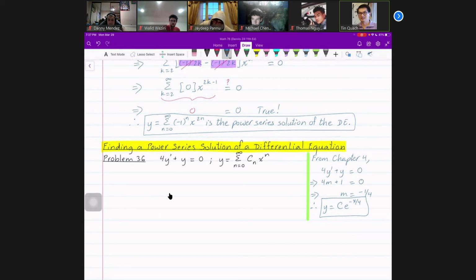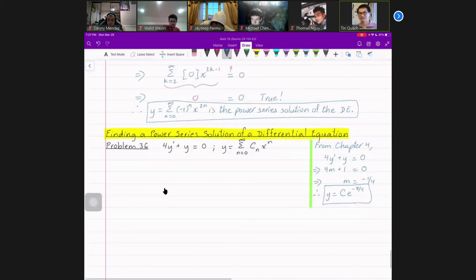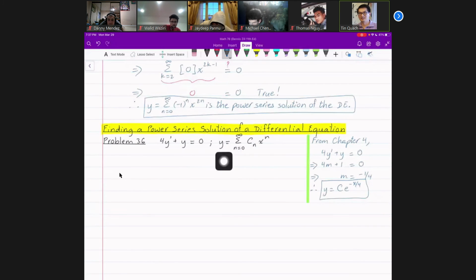But here we want to use a power series. So the power series has this form. You need to know y prime so you can plug it in.